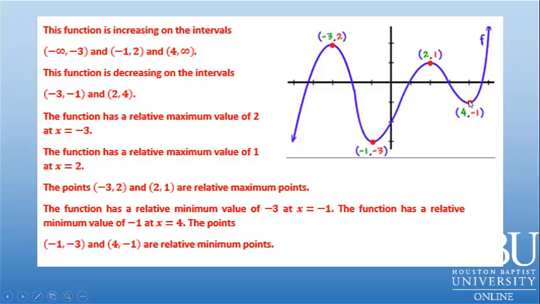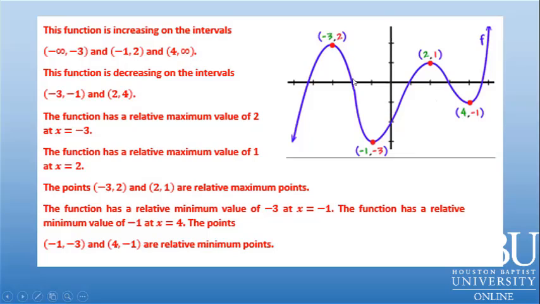And finally, the function f is increasing as the x coordinates go from 4 to infinity. So the function is increasing on the open intervals minus infinity to minus 3, minus 1 to 2, and 4 to infinity. Where is the function decreasing?